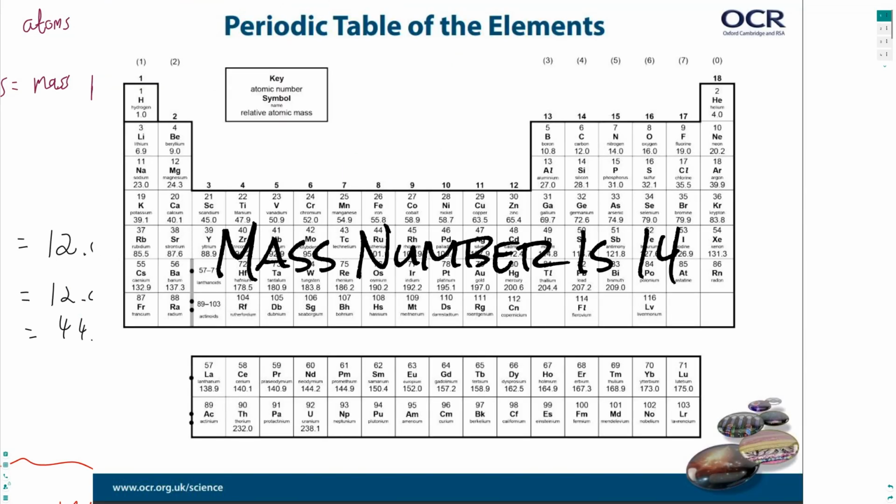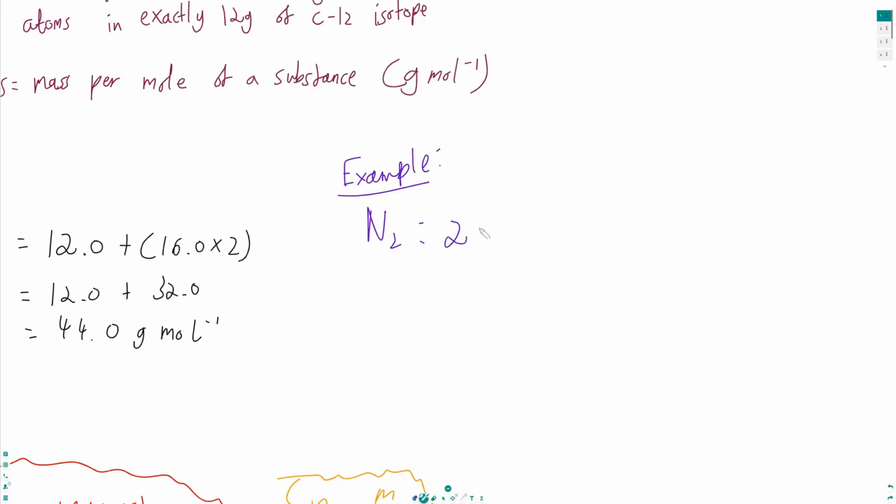So if we had 28 grams of nitrogen, our mass is 28 grams, and we know the molar mass of nitrogen is 14 grams per mole.